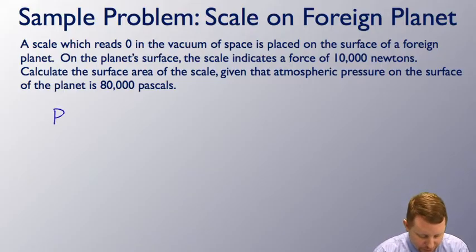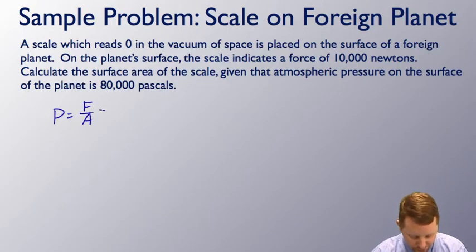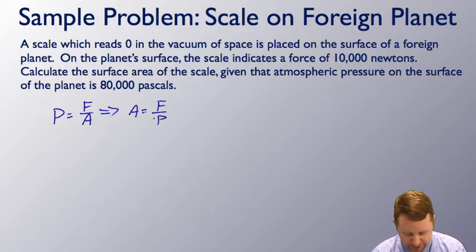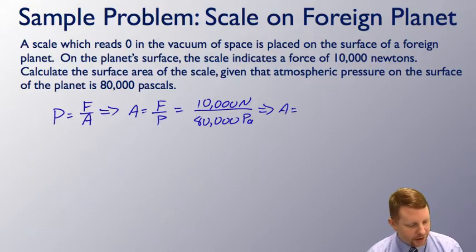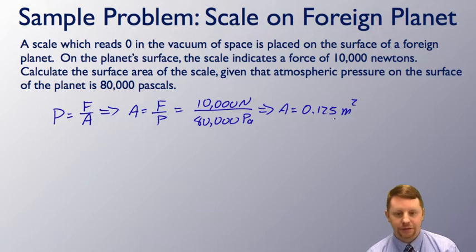Well, once again, pressure is equal to force over area. We're looking for the area, so area equals force divided by pressure, which will be 10,000 newtons over our pressure of 80,000 pascals, which is going to give us an area of about 0.125 square meters.